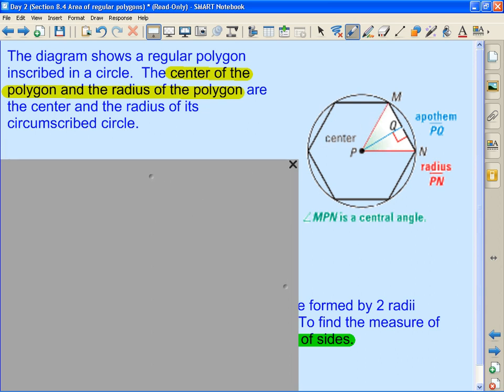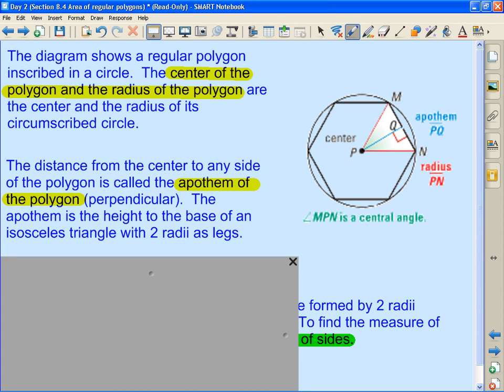Then we go a little bit further and talk about what we call the apothem. The apothem is the height of the triangle that is made from inside these two radii. So we get this triangle made by the two radii of the hexagon, in this case, of the polygon, and the apothem is the height of that triangle.